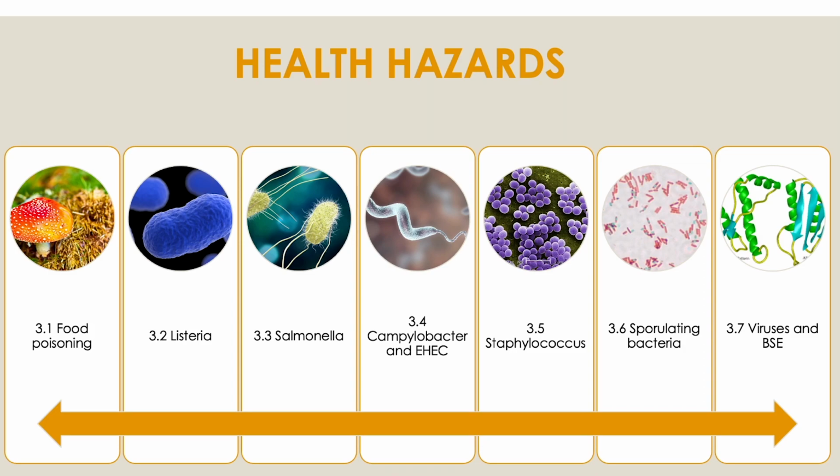The first health hazard is food poisoning. We will learn more about food poisoning, the reason, what type of poison will occur during the process of food, and the environment around it.